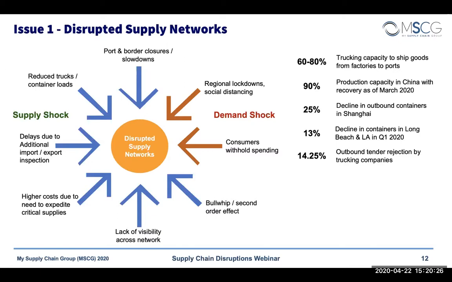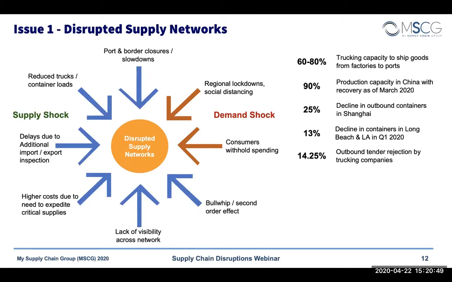So there's a perfect storm of disruptive forces hitting each one of these companies' supply chains at the same time. And as Dan mentioned, it's not something that's ever been experienced before on a global scale, with all of these vectors coming together.